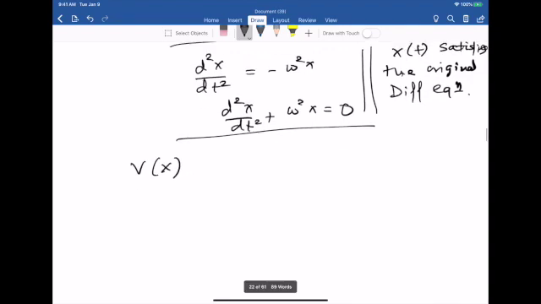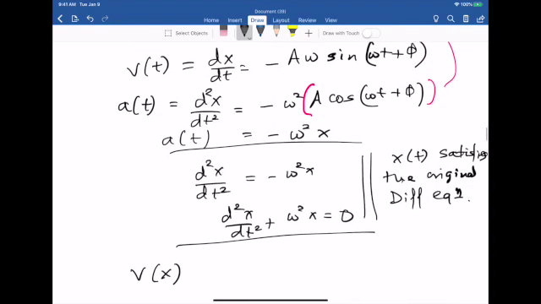A problem might say that for a simple harmonic oscillator in a spring mass system, what is the velocity of the mass when it's out at a distance x equals 0.7 meters, rather than asking what is the velocity when t equals 25 seconds. That you could just plug into v of t, but it might say what is the velocity when x equals something, right?